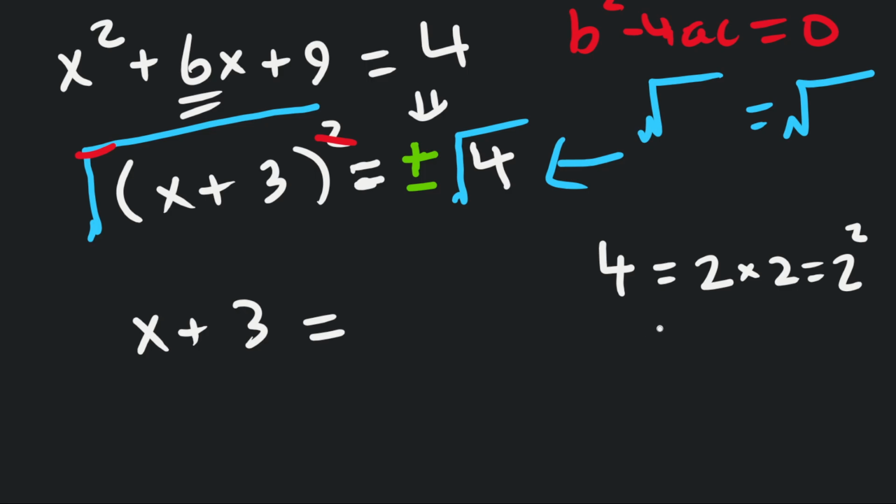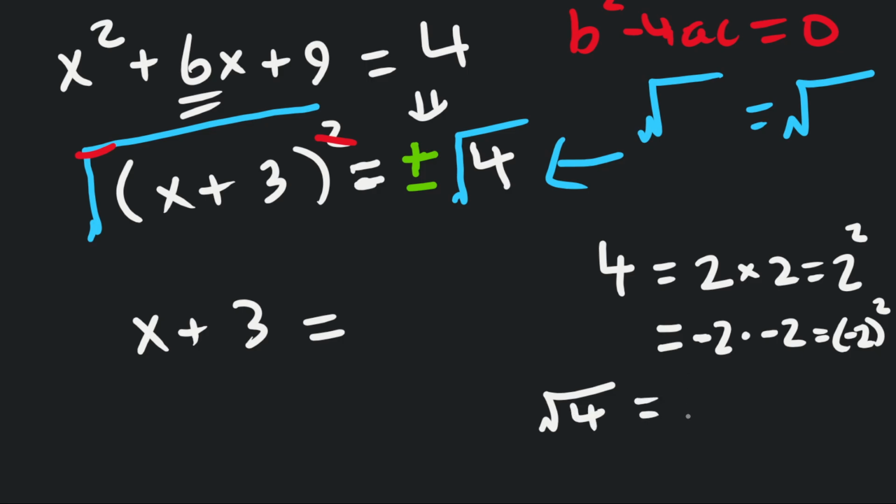And it doesn't just equal 2 squared, it can also equal negative 2 times negative 2. So it can also equal negative 2 squared. So taking the square root of 4 in an equation, it could be 2, and it could also be negative 2.